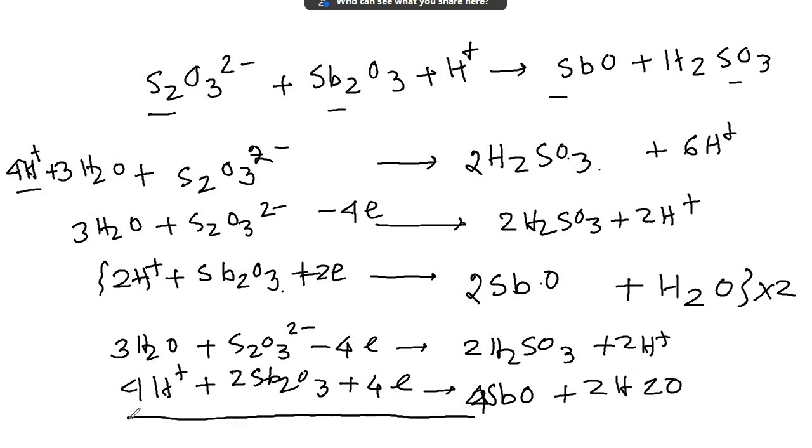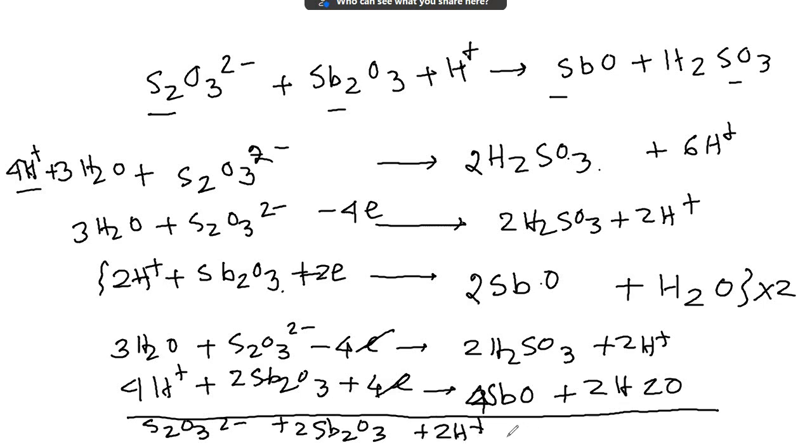Add these two. On adding these two, what we are getting? H2O3 2 minus plus 2 Sb2O3. Number of electrons accepted and rejected are same, 4H plus and 2H plus, so 2H plus excess over here, plus 3H2O minus 2H2O, H2O is excess over here, so gives you 2H2SO3 plus 4 SbO.